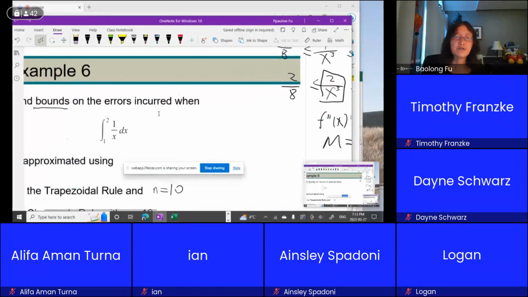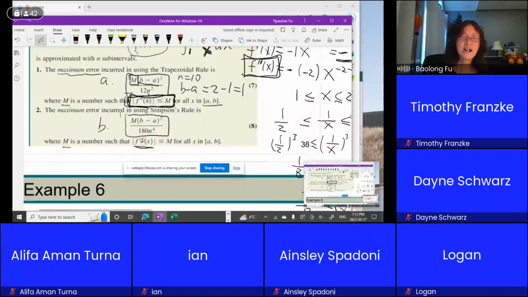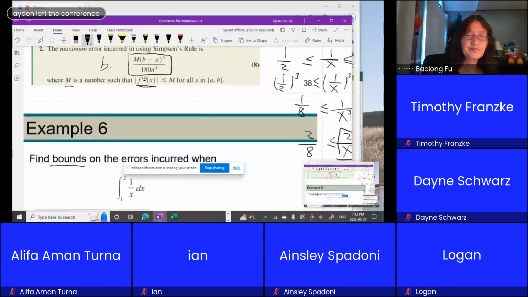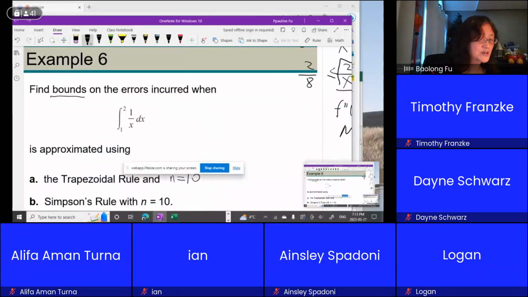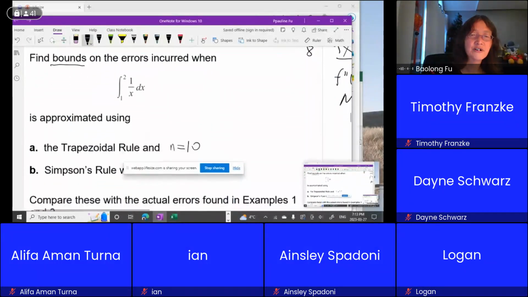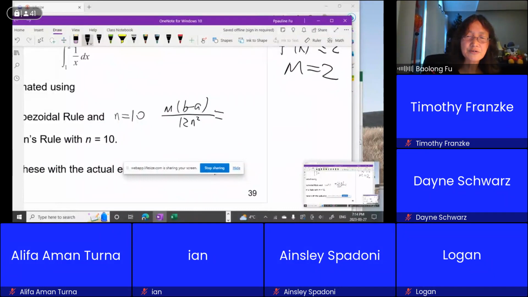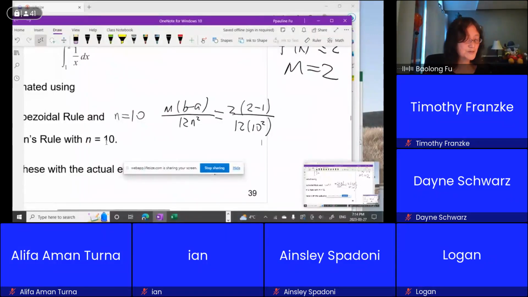Okay, once I found capital M, I just plug into this formula. I'll copy the formula here. For question A, the formula says M times (b minus a) cubed over 12 n squared. M is 2, b is 2, a is 1, n is 10. So I need to find this number.